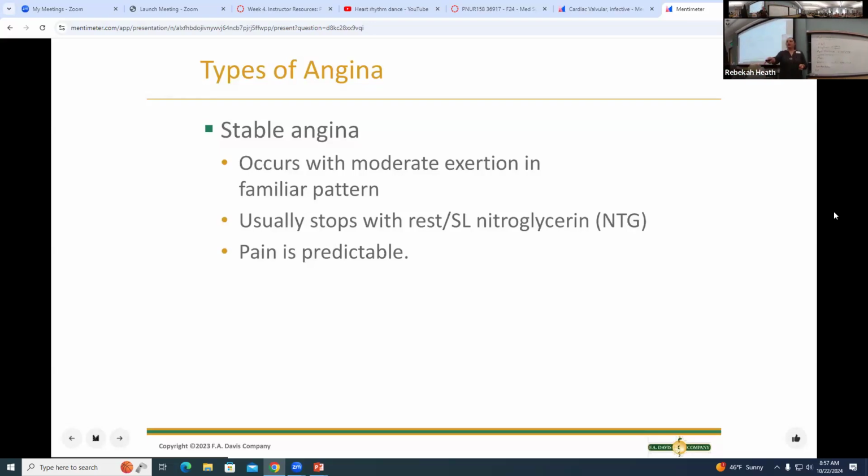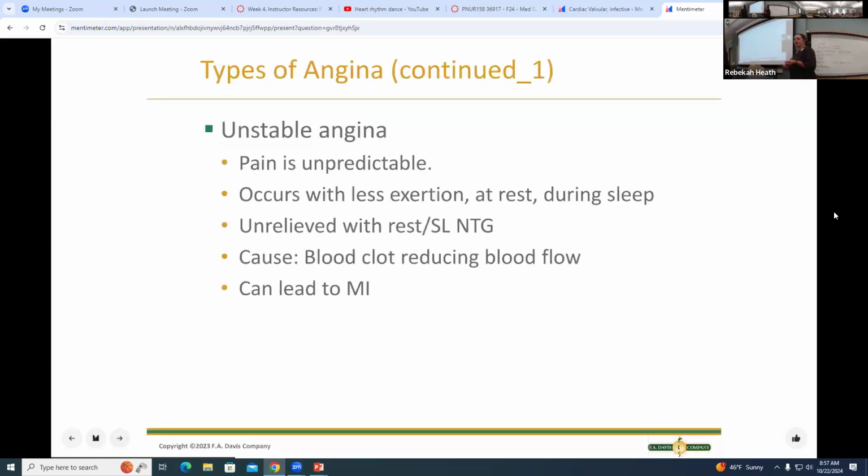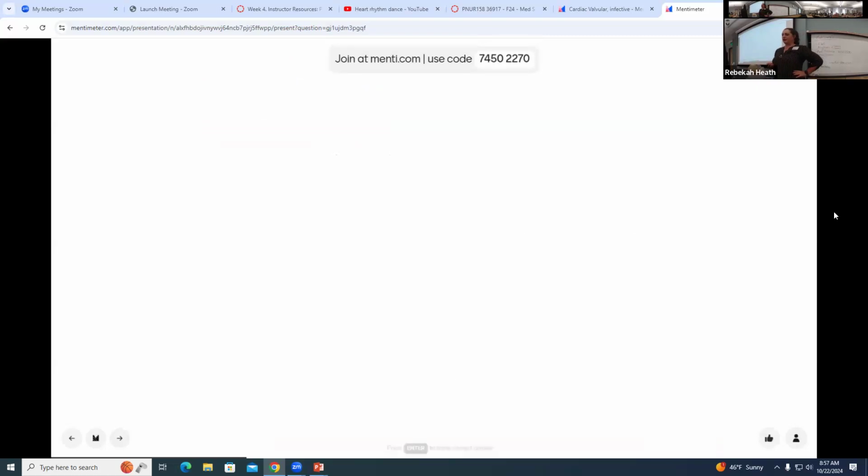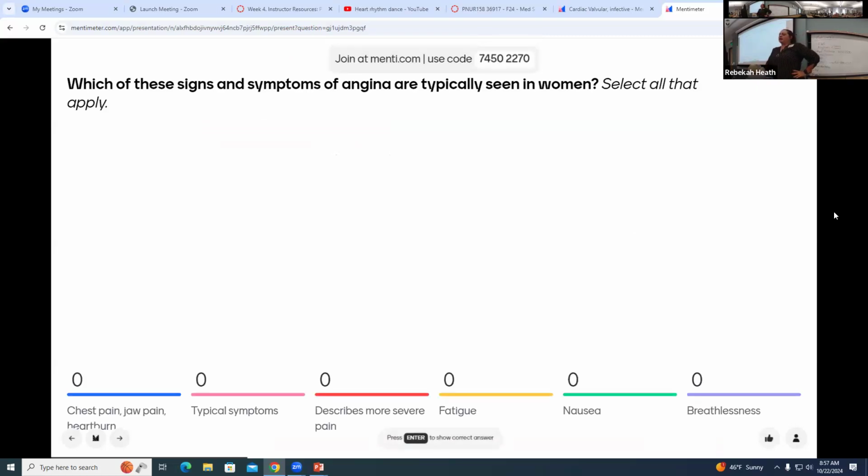Okay, so we talked about types of angina, stable versus unstable. So I'm going to kind of go through this. Which of these are signs and symptoms of angina or chest pain that are typically seen in women? Select all that apply.